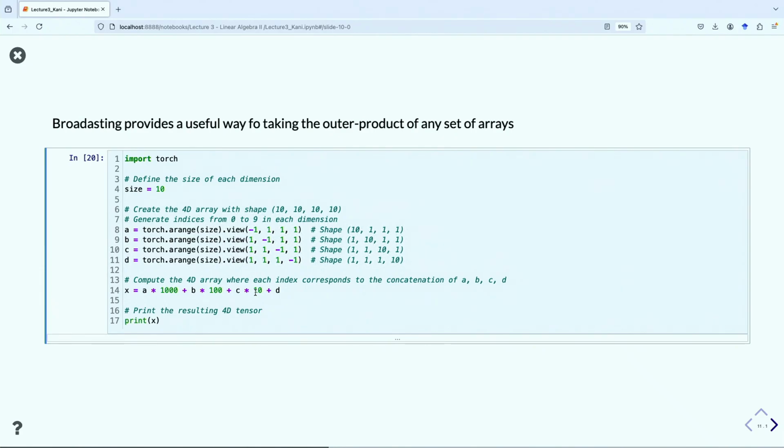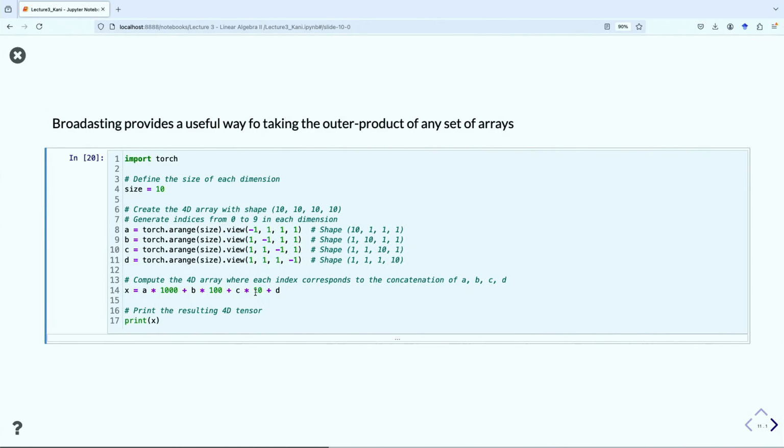Normally, how would we do this? We could do this using a for loop. We would define a torch array of zeros, do a for loop and change the value of each element.